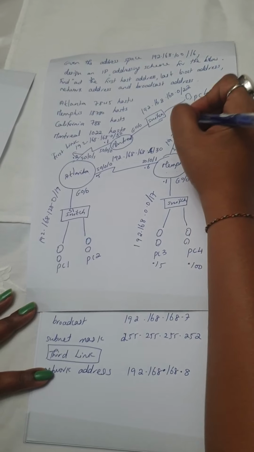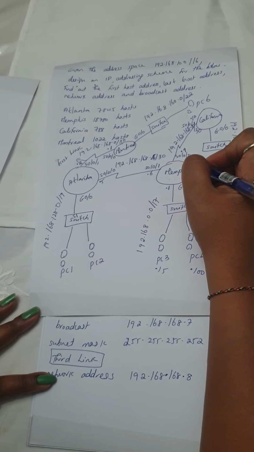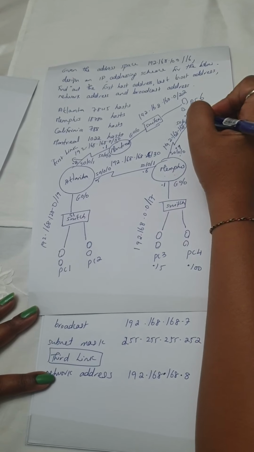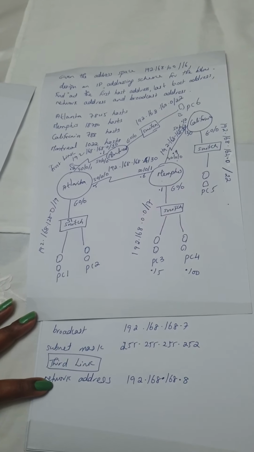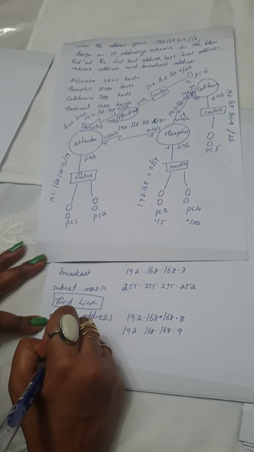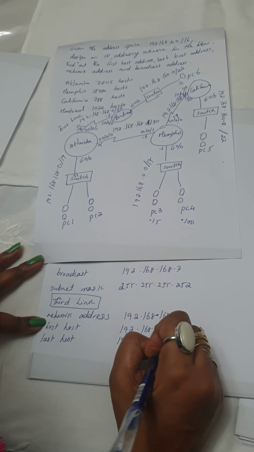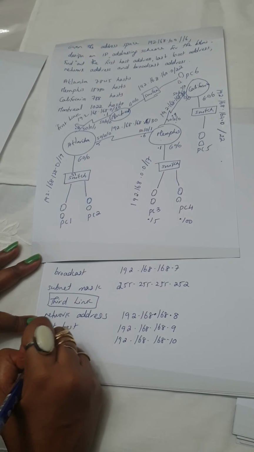It's a /30. Serial 0/0/0 will take the first host address, which is .9, and the other address is .10. .11 will be the broadcast address. Last host, 192.168.168.10.